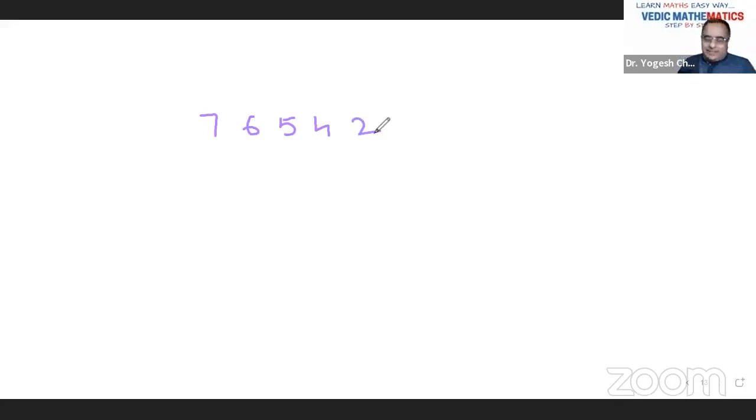Yes, now solve it. And this one is less than 1. Add 1.